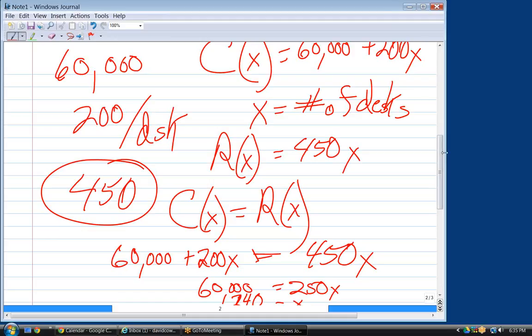If they sell more than 240 desks, they would have a profit. If they sell less than 240 desks, they would be at a loss. Any other questions on this particular problem? No. Okay.